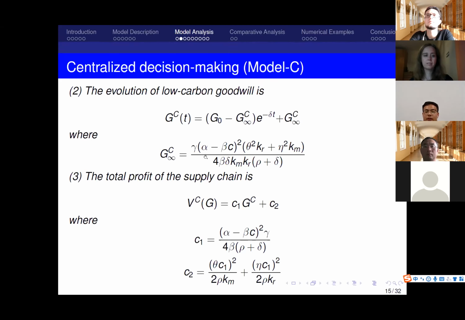Here G_C is the steady state, given by this equation. The total profit of the supply chain, which includes the manufacturer and the retailer, is the value function V_C(G), equal to C1 multiplied by G plus C2, where C1 and C2 are this.